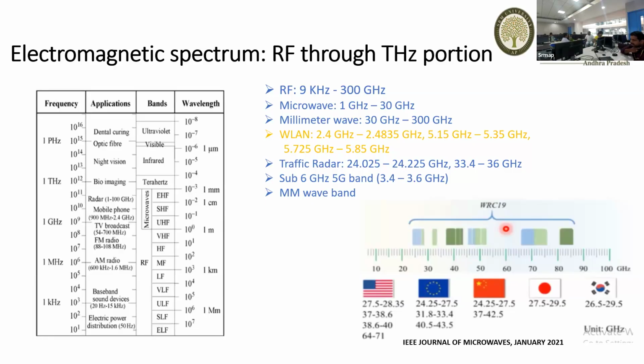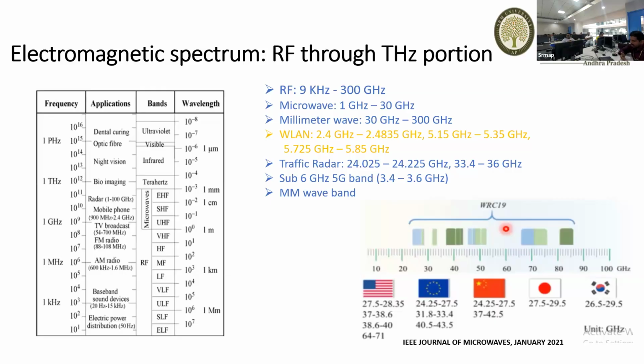The RF frequency range starts from 9 kilohertz to 300 gigahertz. And there is no predefined specification for the terahertz region. Some may consider 0.1 terahertz to 10 terahertz, some may consider 0.3 terahertz to 30 terahertz, and some may take it as 300 gigahertz to 30 terahertz, like that.